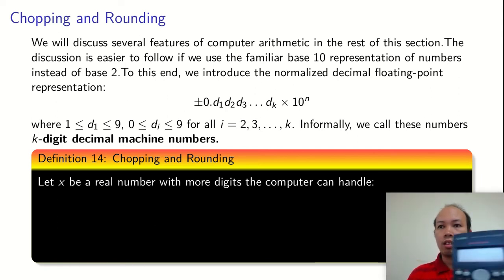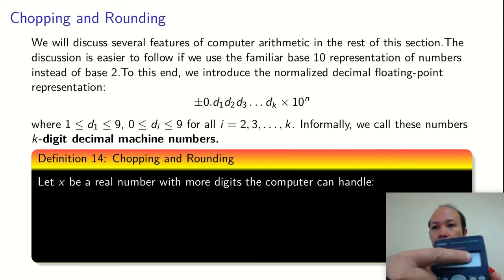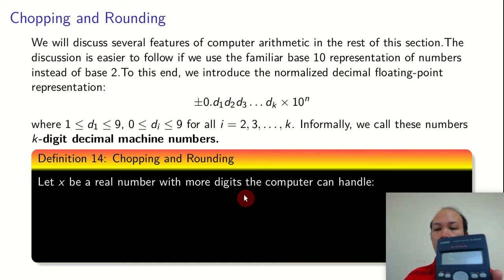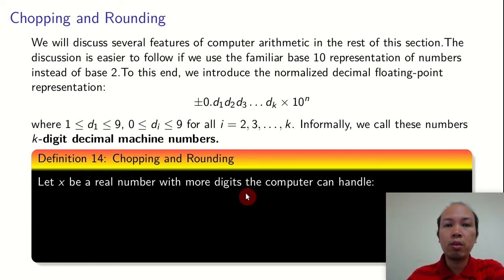As you have noticed, the display is very small. So there are times when your display is small, it will only display fewer digits than what is expected.